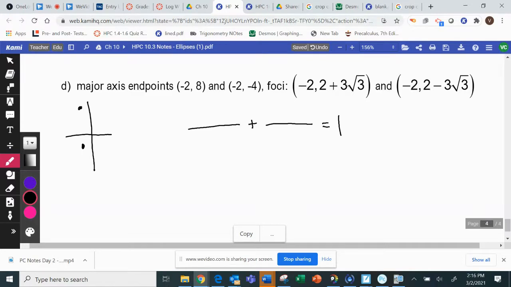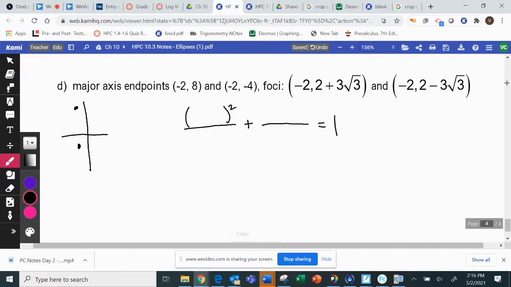Use the foci and then do what with it? Okay. Do you guys have to use the foci for finding the center? You can. It's actually easier, but you don't have to.